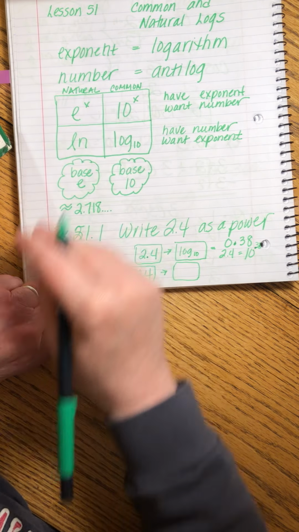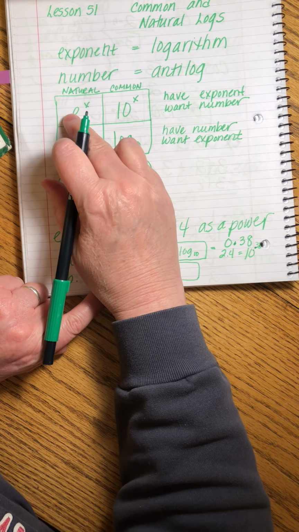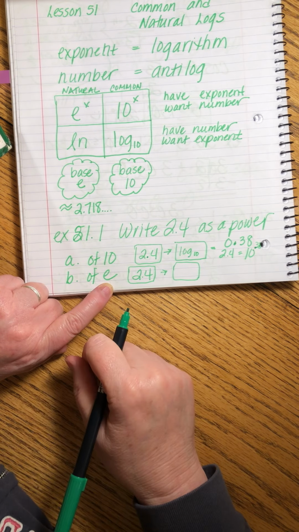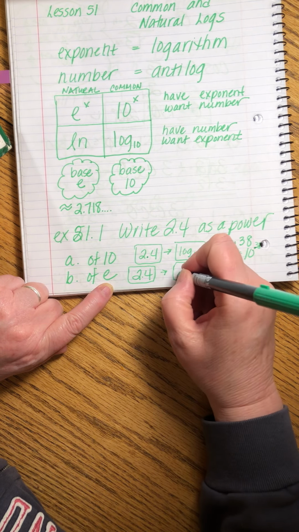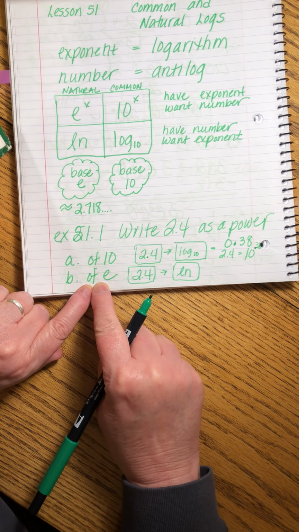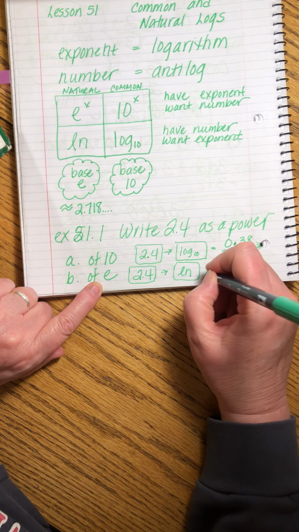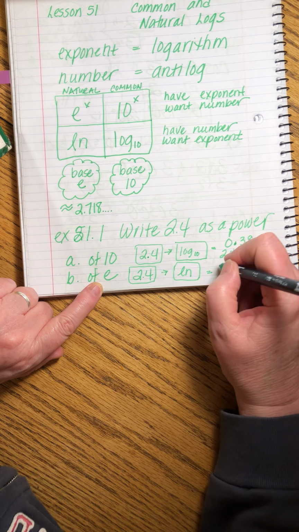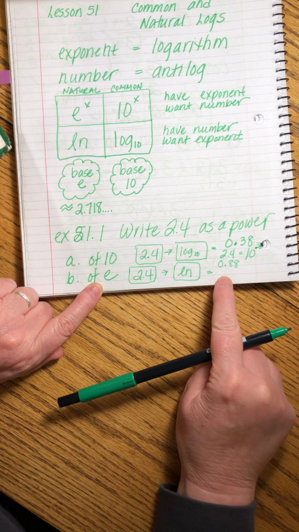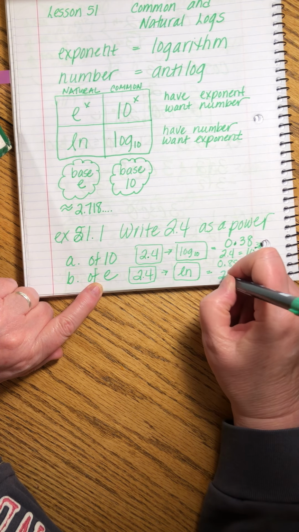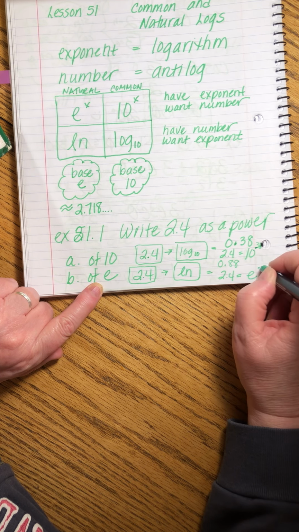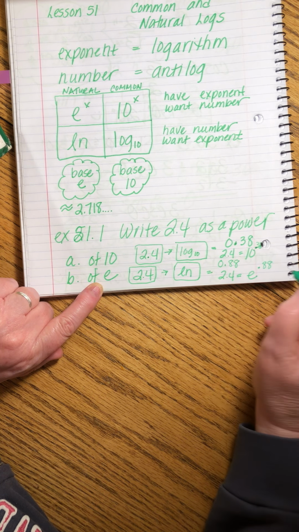But you hit the natural log button, because we want to find the exponent on e, and the answer that you get is 0.88. What that means is that 2.4 is equal to e raised to the 0.88 power.